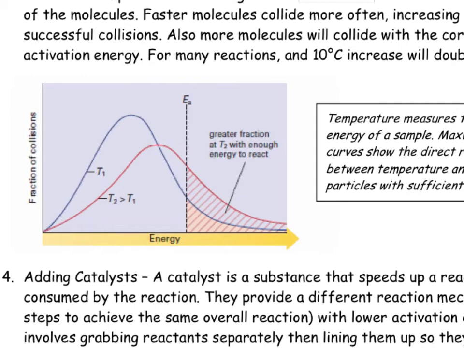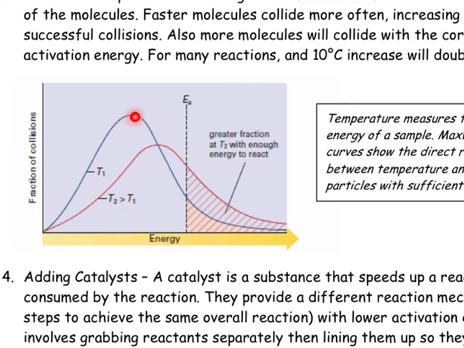That means some particles are going to be moving faster and some will be moving slower. This is shown by a classic bell curve. The blue line here, T1, shows you the different amounts of energy particles in a single sample have. The temperature of the sample would be around here, about the average.